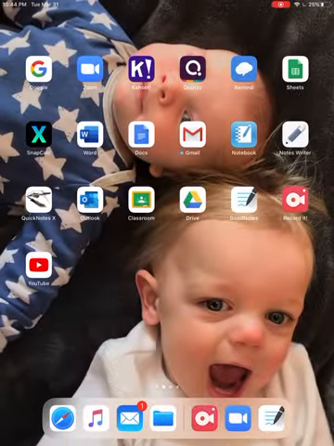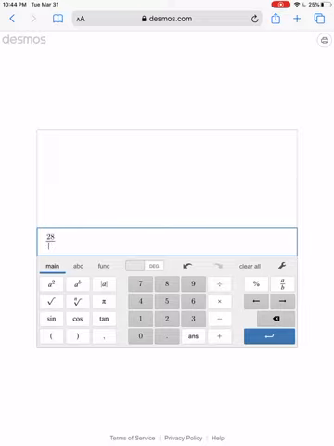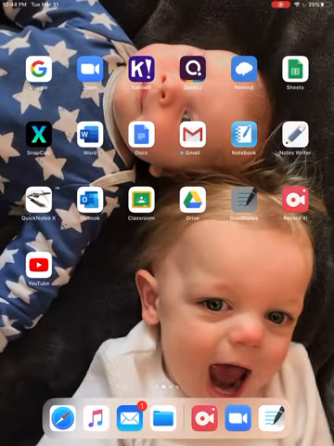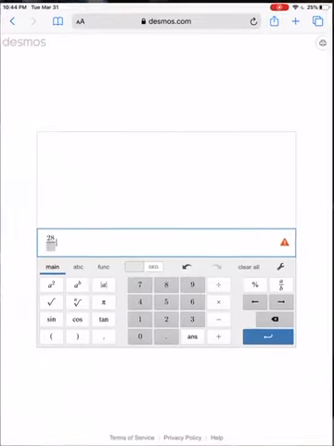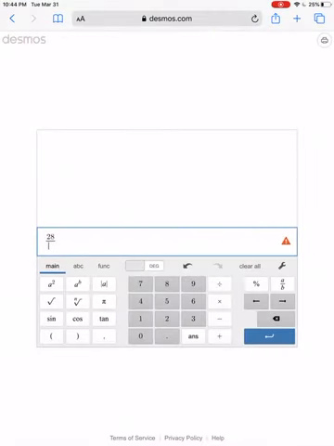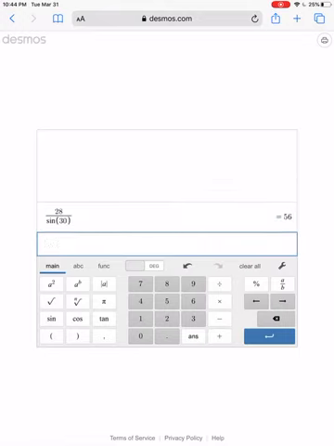So 28 divided by sine 30, I should know because we just did that. Sine 30, enter, and then take that into, oops, I forgot to hit the word answer. Do y'all see how it put that little caution sign with the exclamation point so it knows I did something wrong?